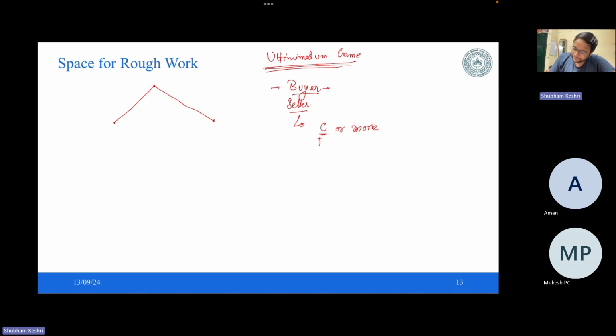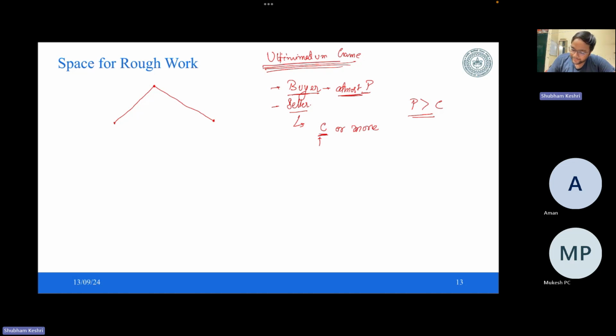Suppose this is the government and this is some agency offering a service to the government. The buyer has a willingness to pay, and he can pay a price of at most P, where P is greater than C, obviously. Then only the transaction will occur, otherwise it will not. So the seller wants to sell the service at C or more, and the buyer wants to purchase at most P.